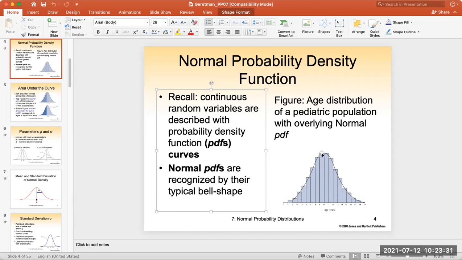So here you can see this normal probability distribution function is recognized by its bell shape, a shape of a bell. We generally use a bell for some sort of notification.